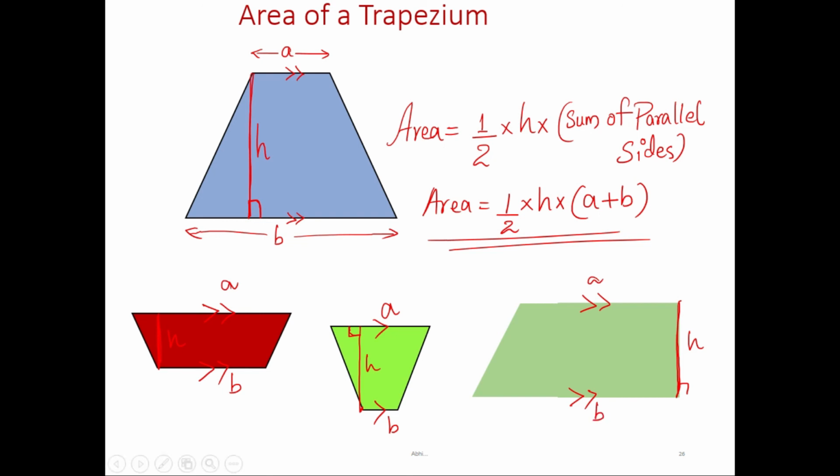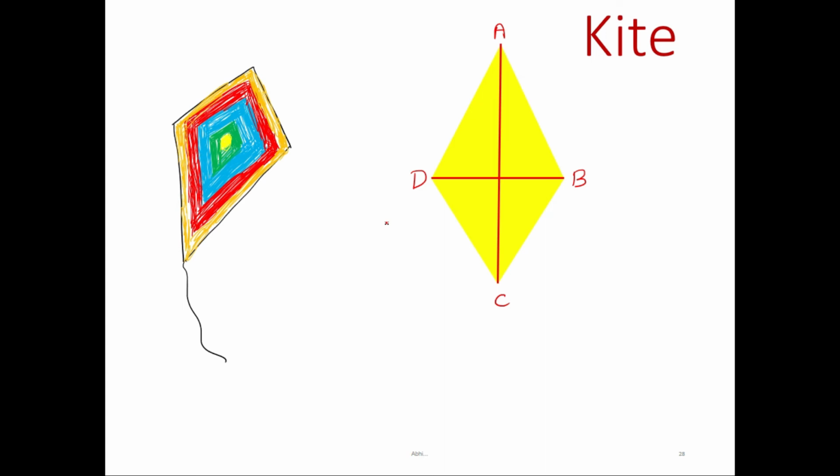So that's it. Now let's move to the last shape for the day, which is a kite. For a kite, we use the diagonals to find the area. Let us consider the diagonal AC as D1. The whole length is considered to be D1 and BD is taken as D2.